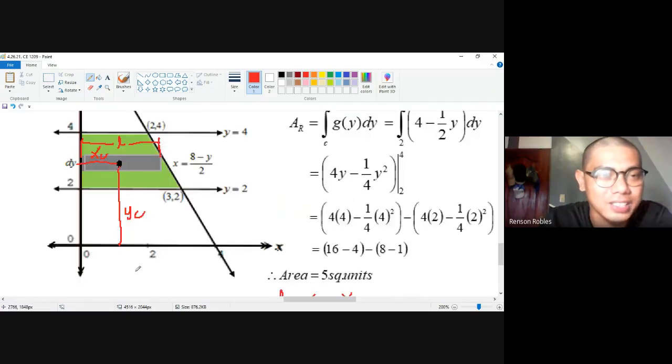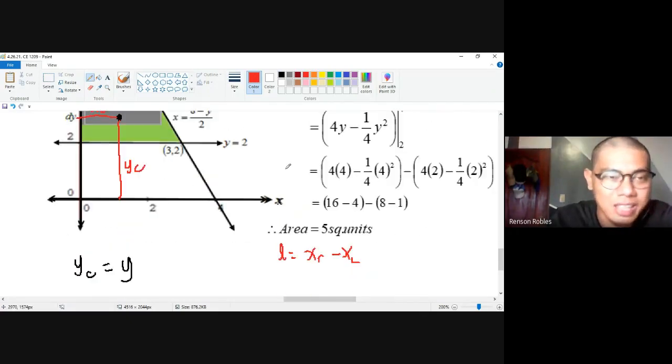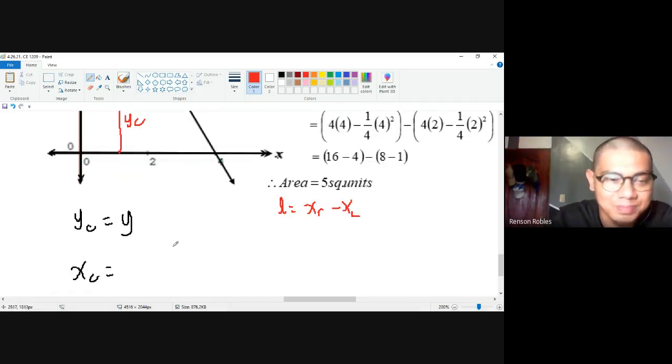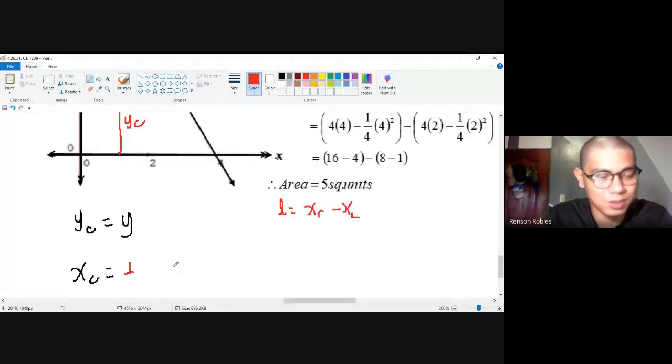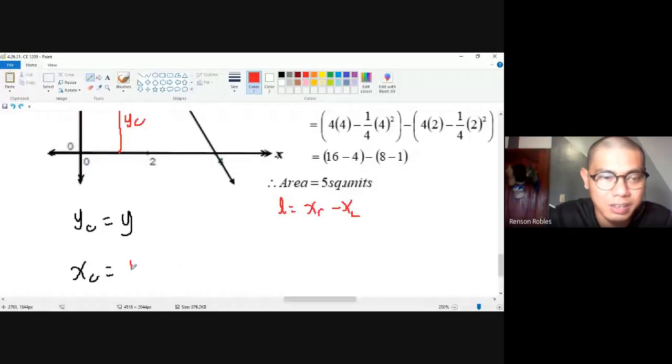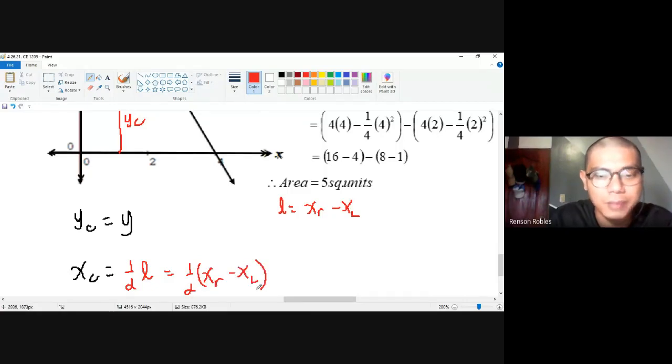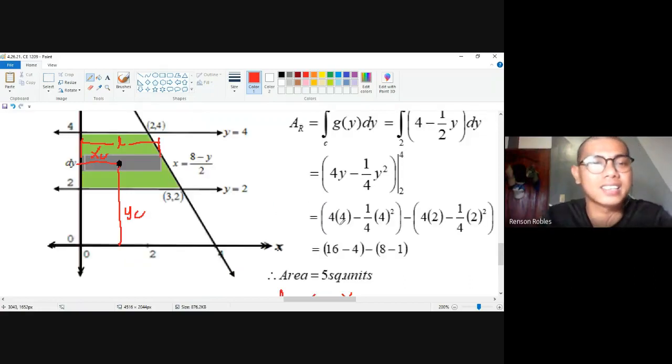So how do we write XC? 1/2 po ng L. And how do we measure that L? 1/2 po ng x right minus x left.